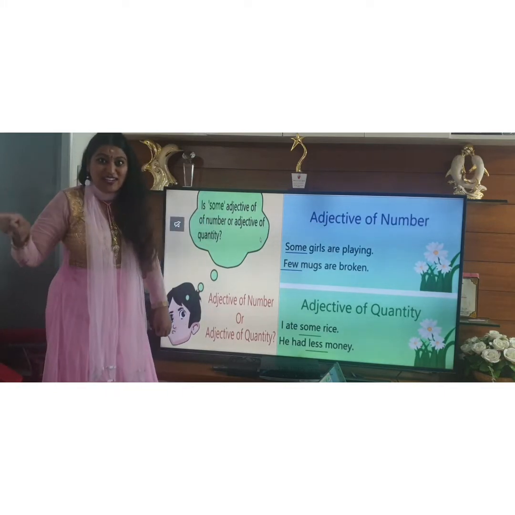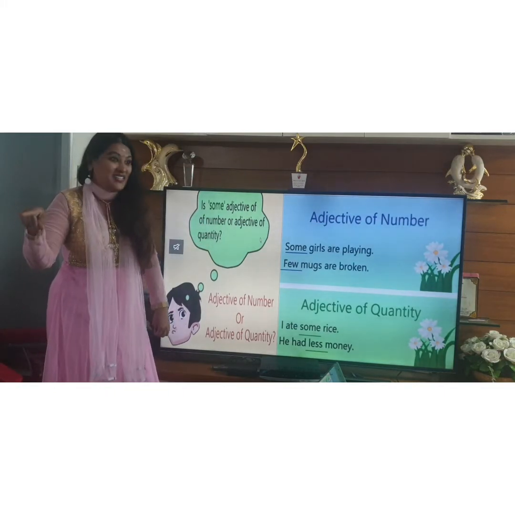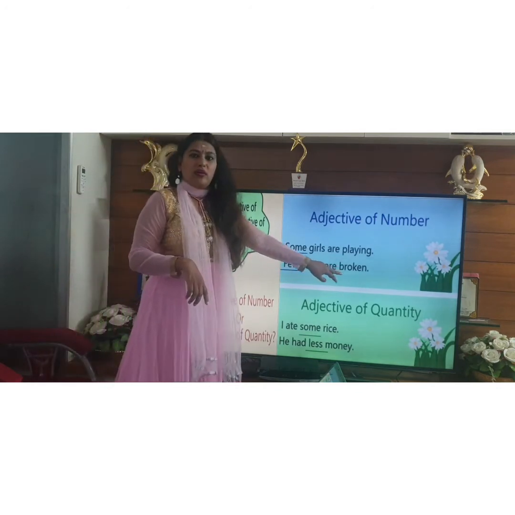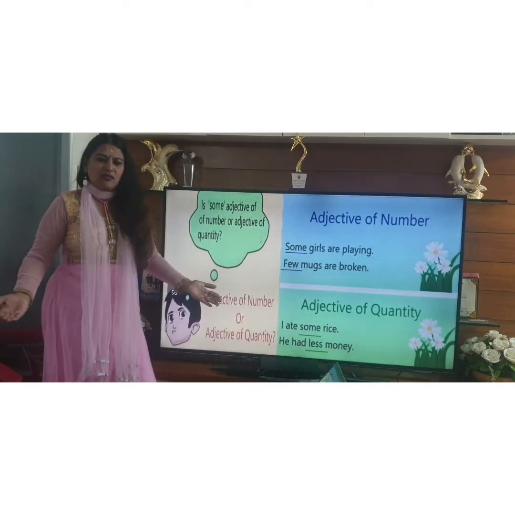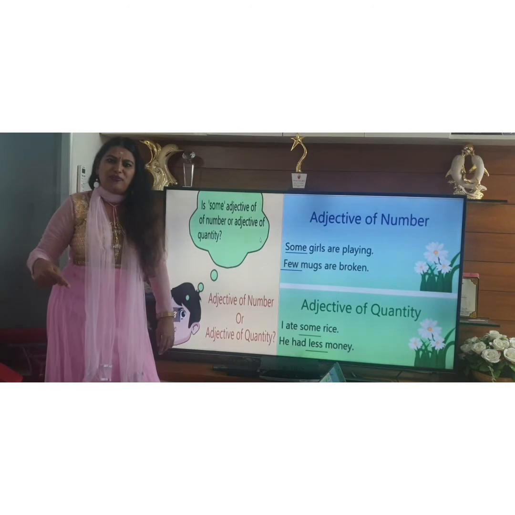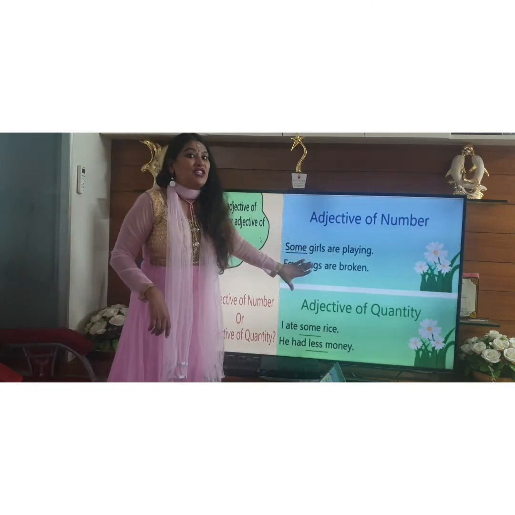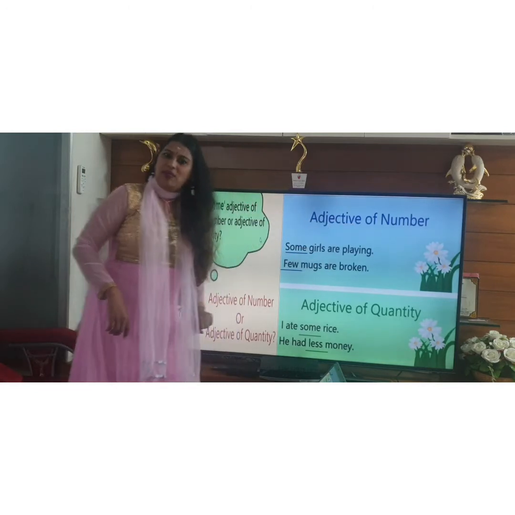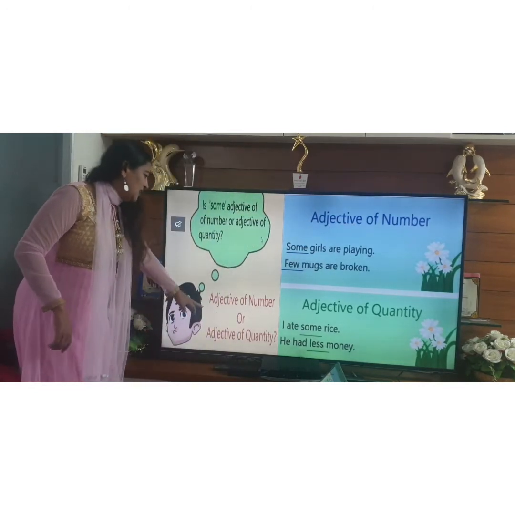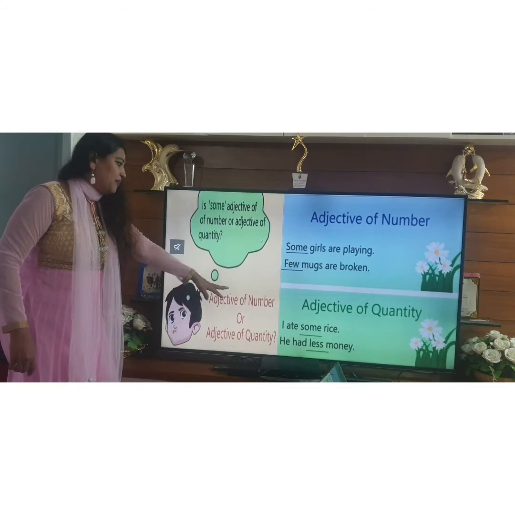You can count, right? What you see, you can count, right? Few mugs are broken. Among all the mugs, if few mugs are broken, you can always count them, right? See, few is also used and some is also used. But anything which can be counted is adjective of number. Got it, children?